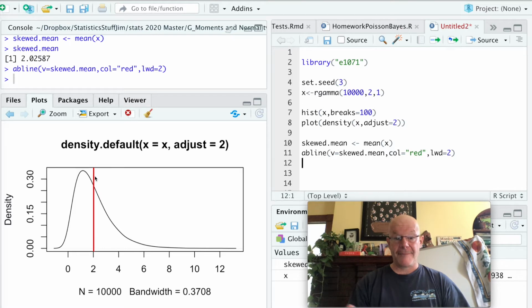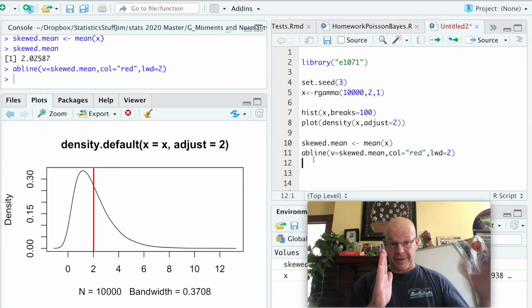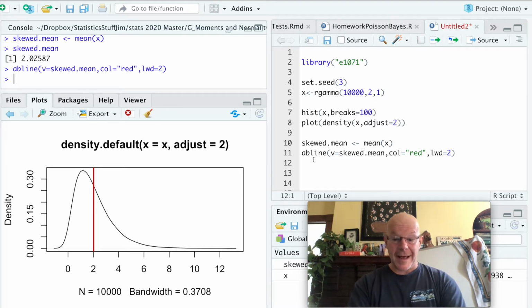And again, that mean should be where the highest concentration of data are if the mean means what we really want the mean to mean. That means that we would expect 50% of the data to be below the mean and 50% of the data to be above the mean. And we could ask, well, is that really the case?